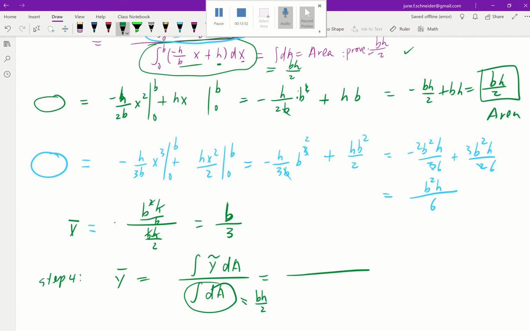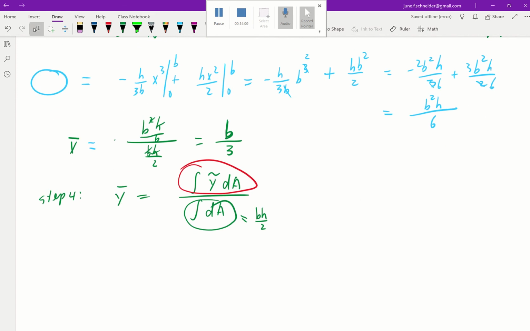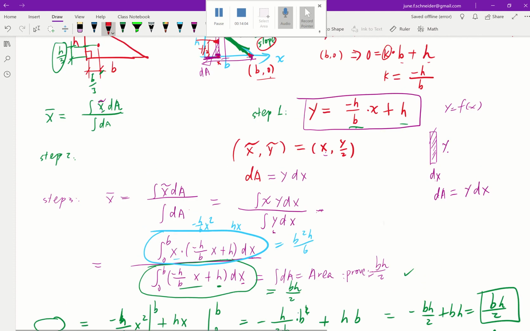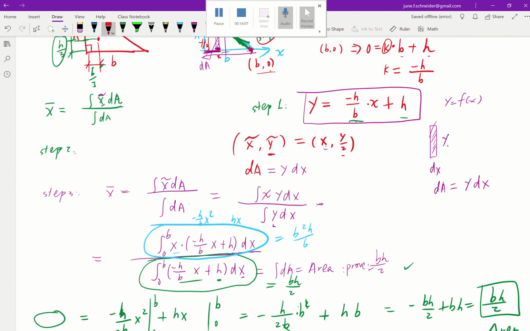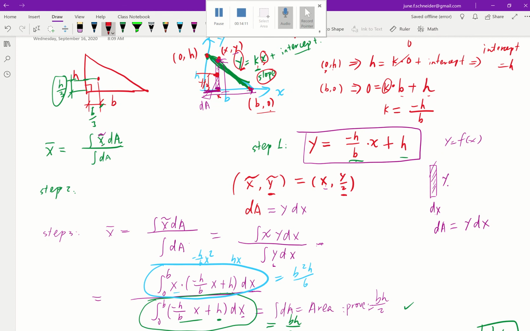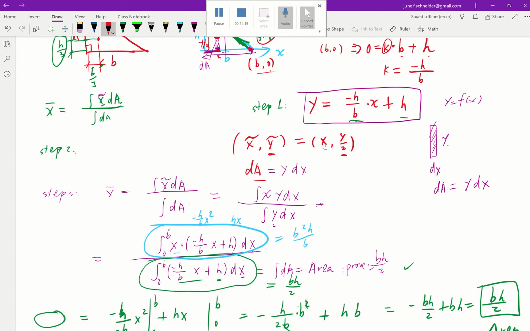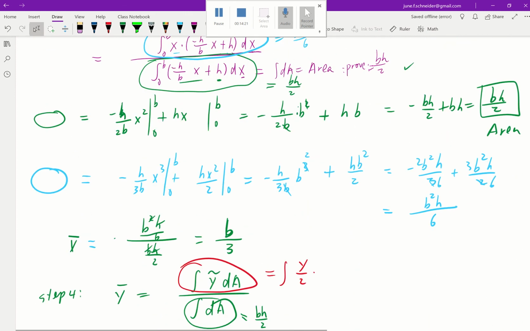So the only thing you want to solve is the top part. Because we know y tilde from step 2: it is the centroid of this rectangle right here, the coordinate is half y. And our dA, you also figured out from step 2, is y dx.